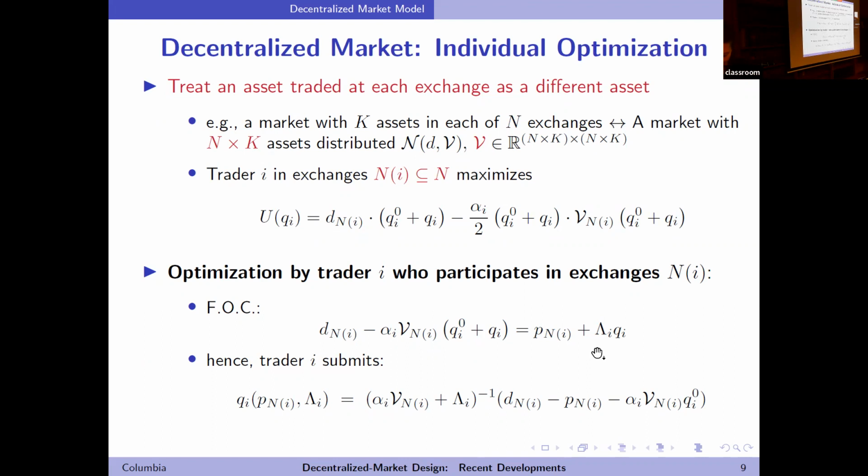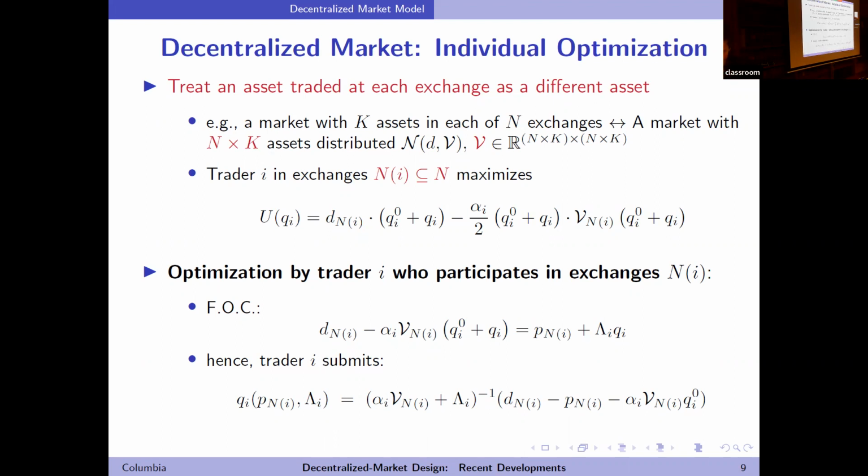The price impact now has an element that corresponds to a within-exchange submatrix and an across-exchange submatrix. If I knew my price impact, I could compute my best response schedule, given my marginal utility. But these price impacts are endogenous. They depend on how others bid.